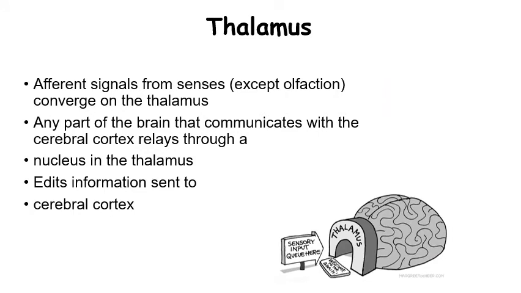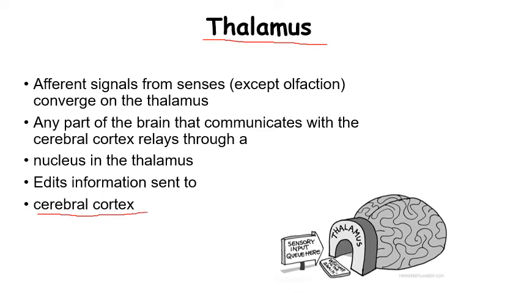So again, all sensory information is going to make its way through the thalamus. It's kind of like a way station. The sensory information comes up to the thalamus, and the thalamus is going to splice the sensory information out to where it needs to go in the cerebral cortex.